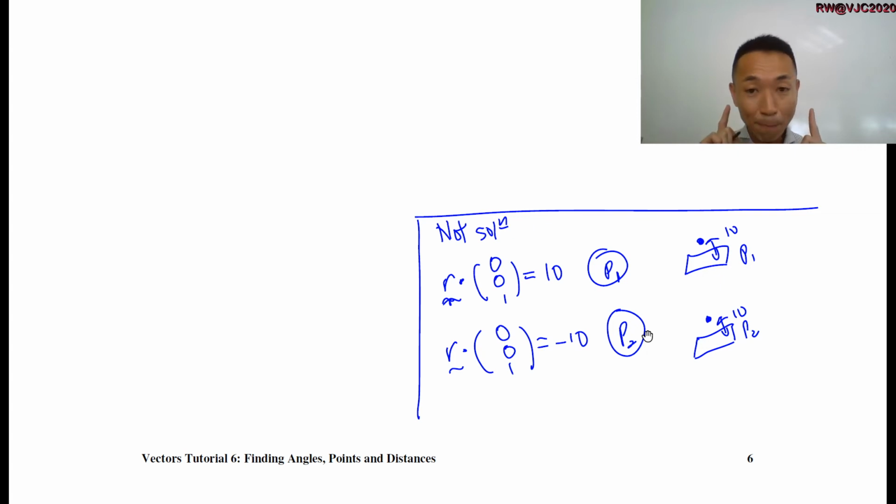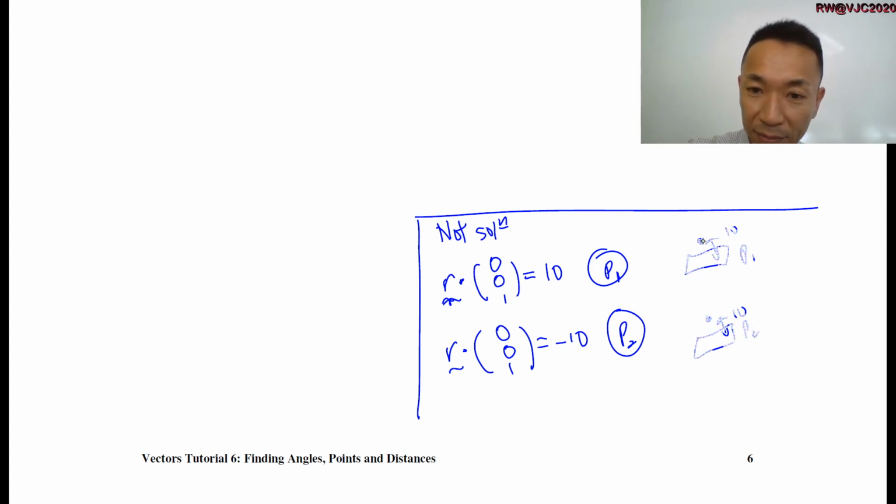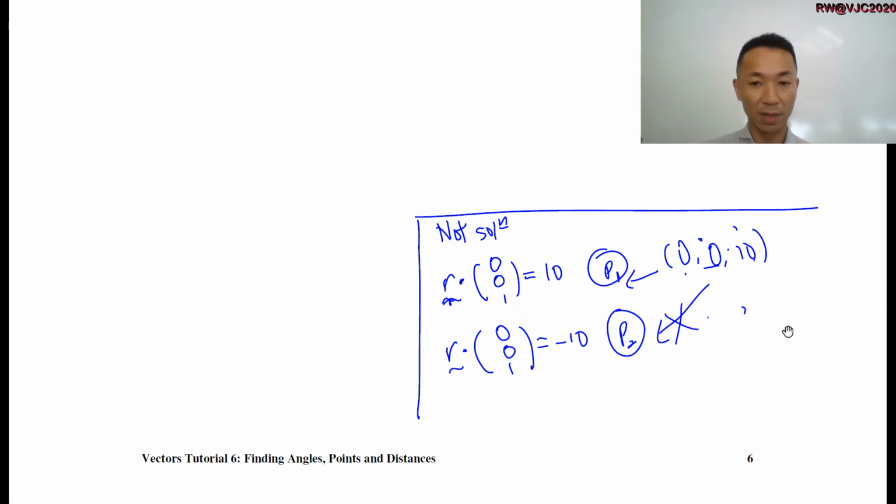But are they the same plane? No. Why are they not the same plane? Because (0, 0, 10) lies on the first plane, but (0, 0, 10) does not lie on the second plane. Of course. So they don't share any common point at all.